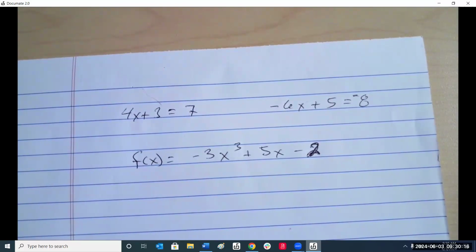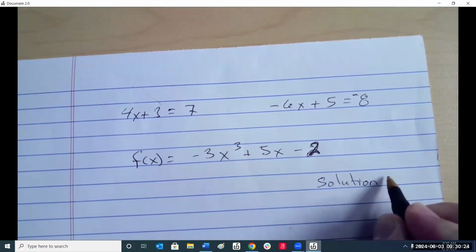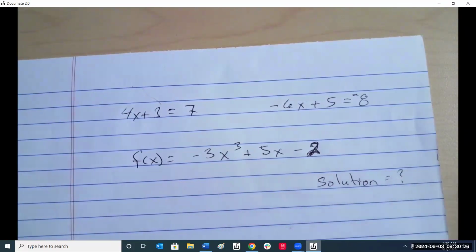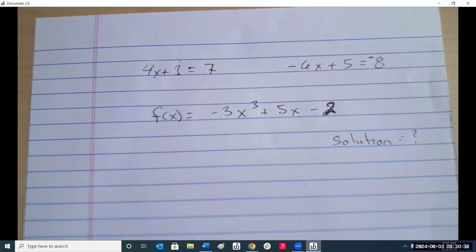The graph, the solution. Well, actually, I'm glad you said that. What is a solution? You said the word solution. What does that mean? Yeah, that's what I believe. But how many solutions are here?